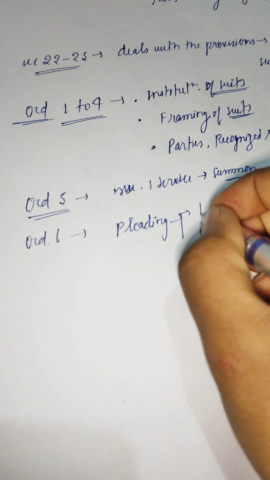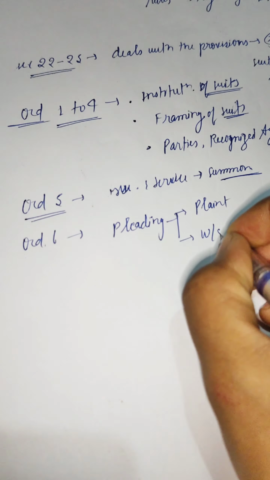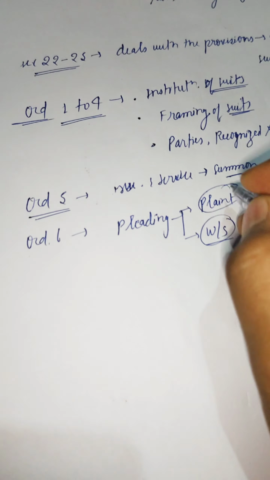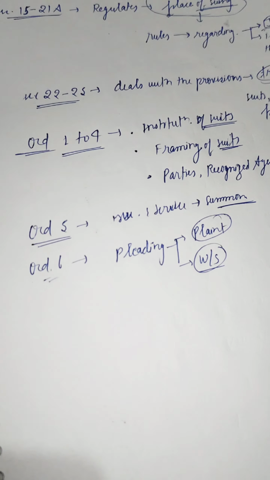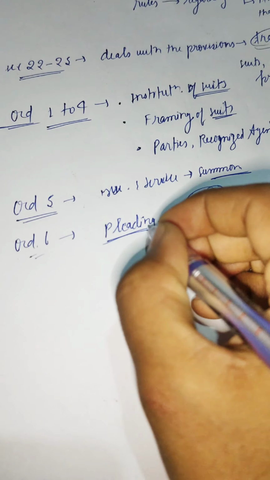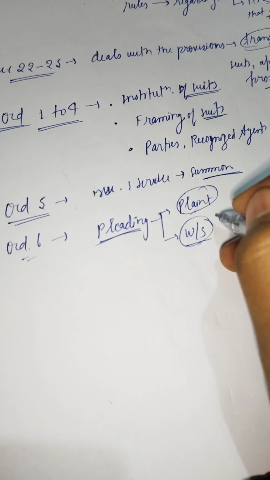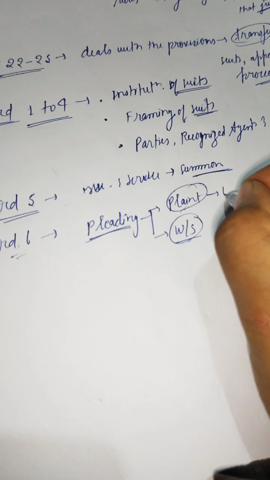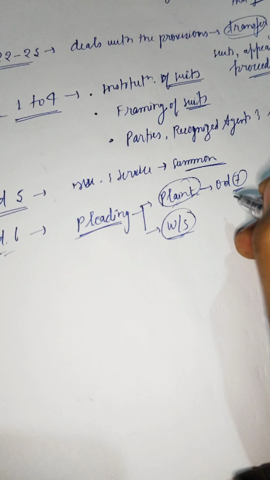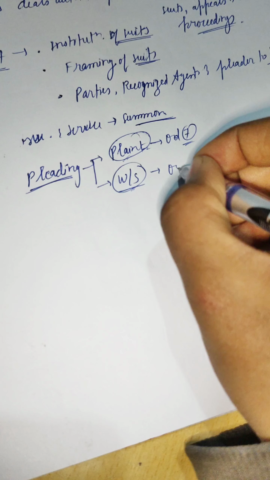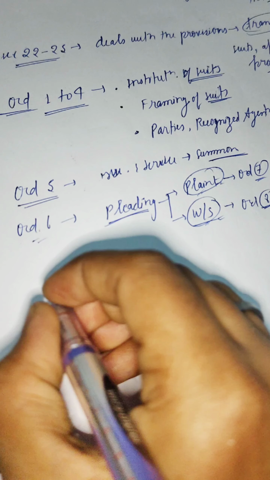Pleading means plaint and written statement. Okay, so under order 6 we will discuss what this pleading means. It means the plaint and written statement. That's why order 7 discusses the plaint, and order 8 discusses the written statement.